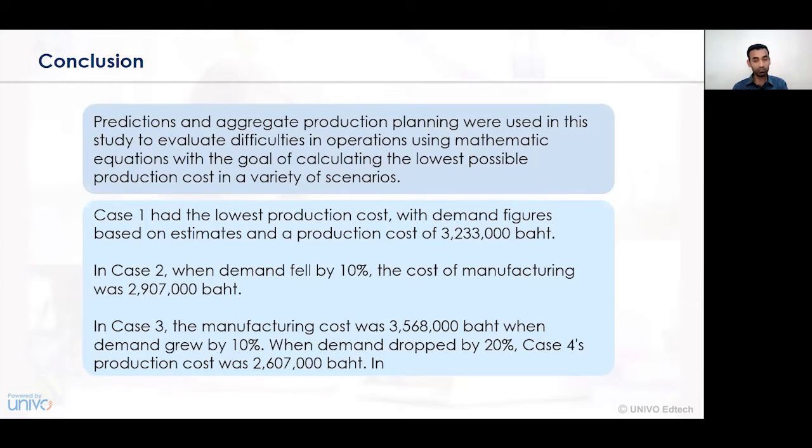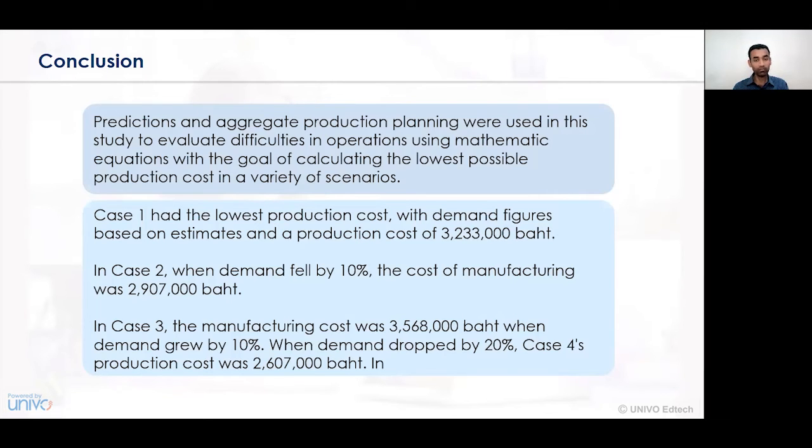With respect to the cases observed, the lowest possible production cost in the variety of scenarios needs to be calculated, and accordingly, the changes in the production or the general price level have to be observed. The problem associated with the elevator manufacturing company was the demand perspective. The company was not able to forecast what the demand for a certain product would be and how aggregate production planning needs to be undertaken.